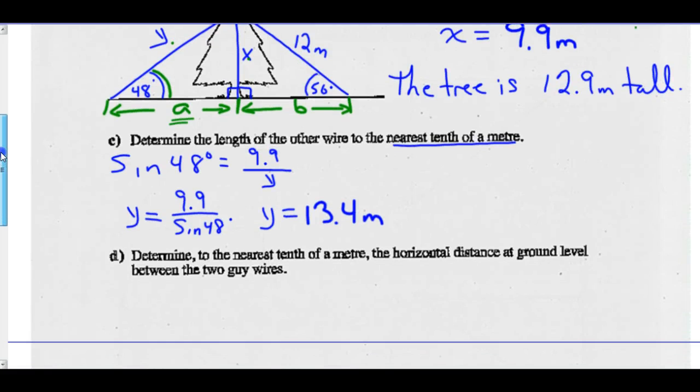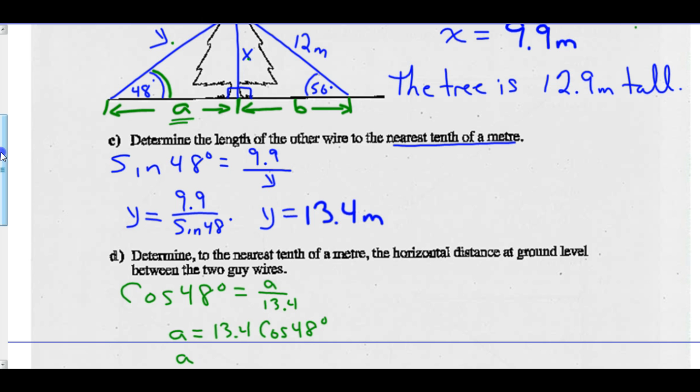Cosine might be a good one to use. So the cosine of 48 degrees equals adjacent side A over the hypotenuse y. We just found that to be 13.4. So how do I solve for that? Well, to find A, I would say 13.4 times the cosine of 48 degrees.